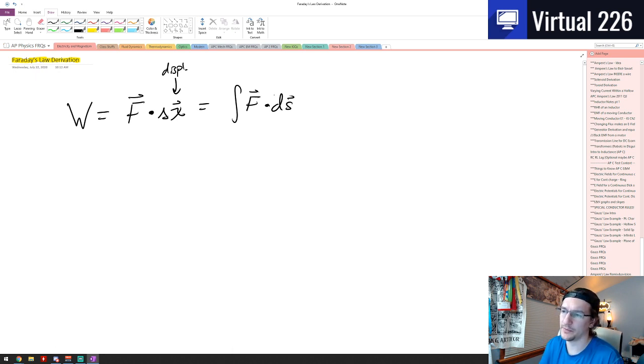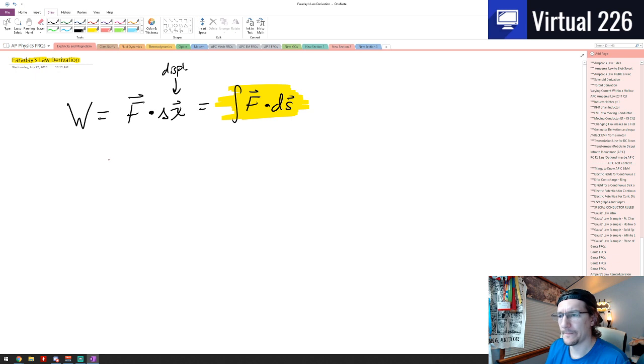This is the path, and because I'm taking the dot product, I'm only going along the path. So the force along this path will equal the amount of work. That's the true definition of work, this integral form. And if you're doing AP Physics C mechanics, you will hopefully have seen this because it pops up on your test. So let's take a look at this equation, the integral of the force dotted with the displacement vector.